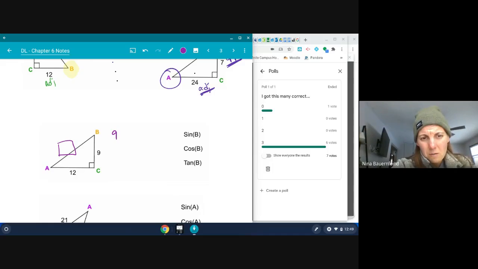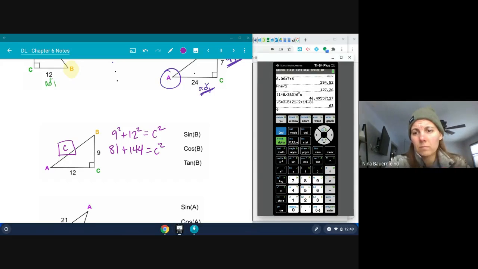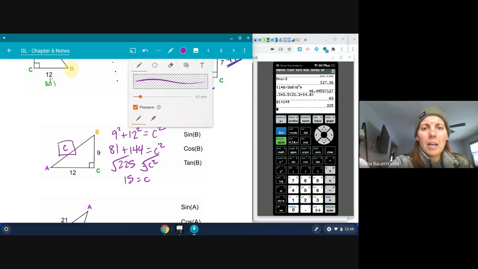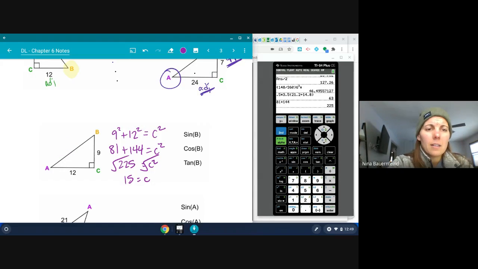So we would need to use the Pythagorean theorem to find this third side. So we get 81 plus 144 is C squared. It's 225. And when you square root those, you get 15. So that means that this side is now 15.